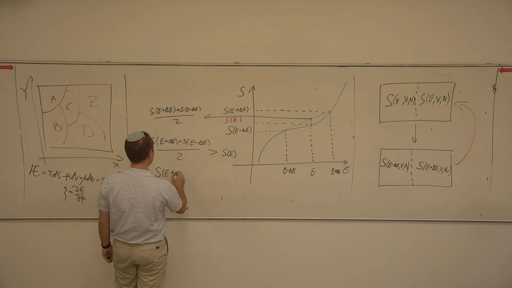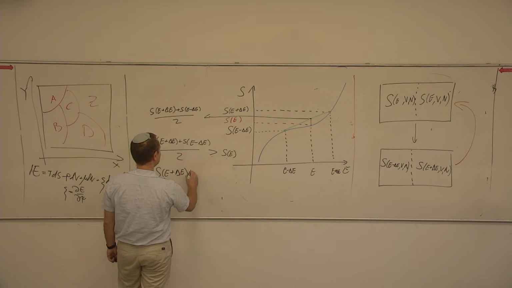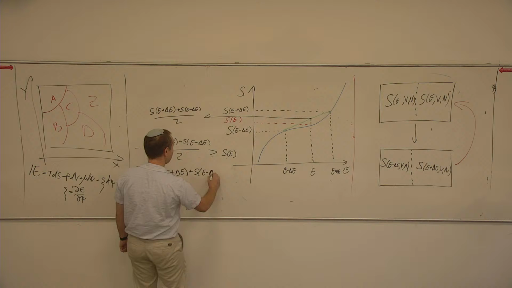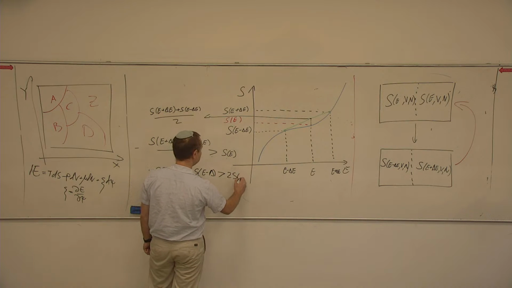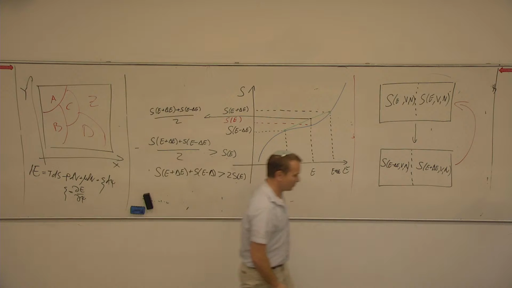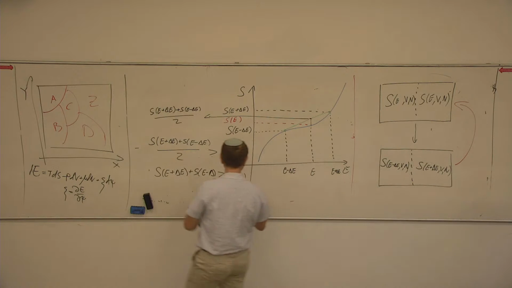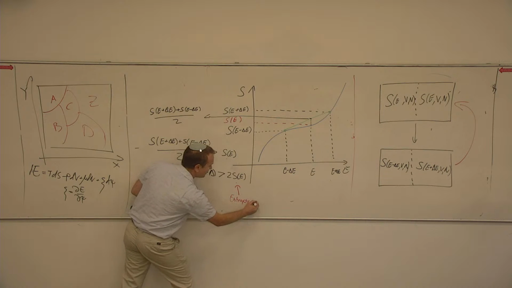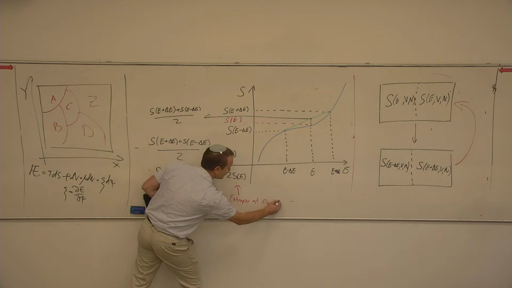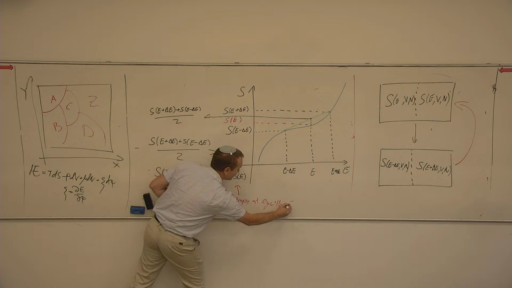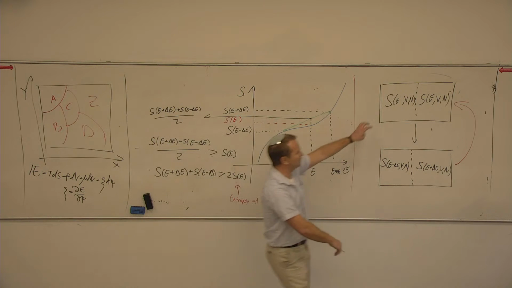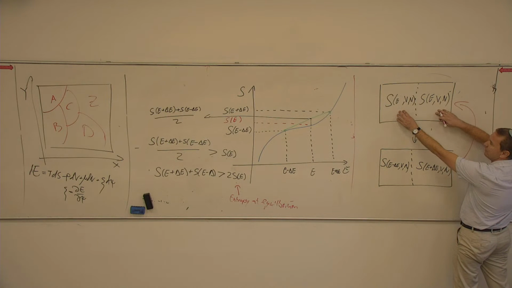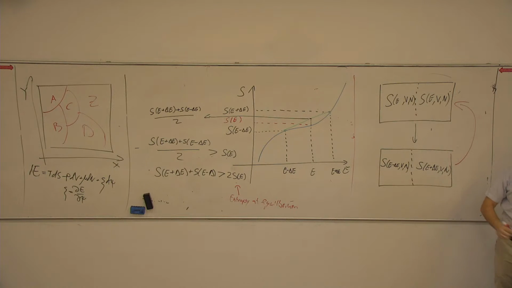S(E plus delta E) plus S(E minus delta E) is larger than 2S(E). What is this 2S(E)? This is entropy at equilibrium. Right? So this is the entropy of the left-hand side and the entropy on the right-hand side. The total entropy is just the addition of the entropy of the left-hand side to the entropy of the right-hand side. Entropy is extensive. Great.